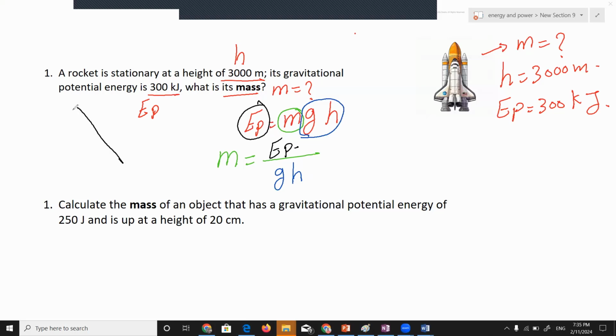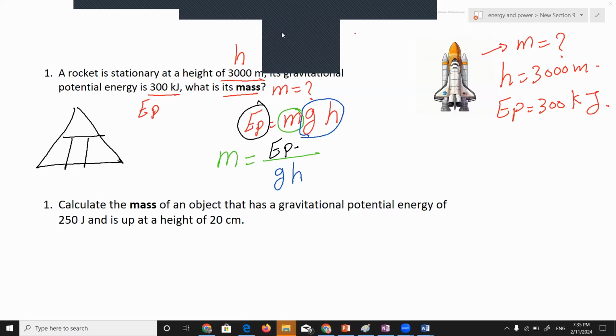Or you can use the triangle. If you like this way, you can use the triangle. By the same way, this is gravitational potential energy, and this is m, g, and h. If I ask about the gravitational potential energy, it is m times g times h. If I ask about m, then gravitational potential energy divided by g and h.